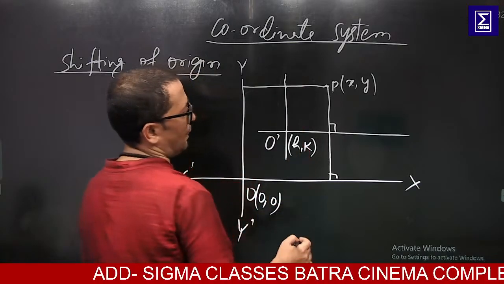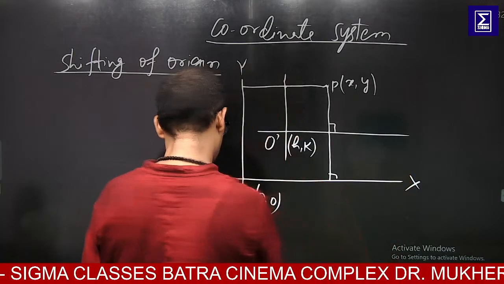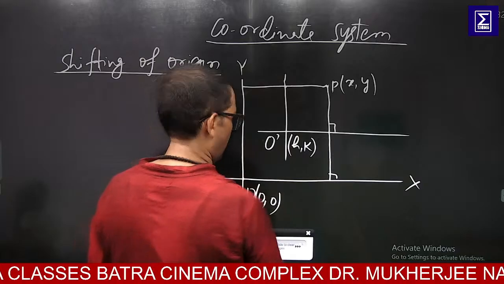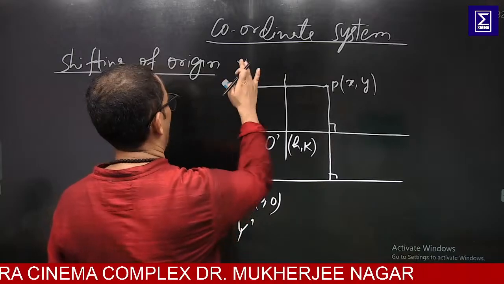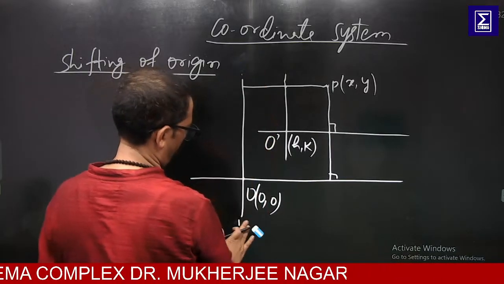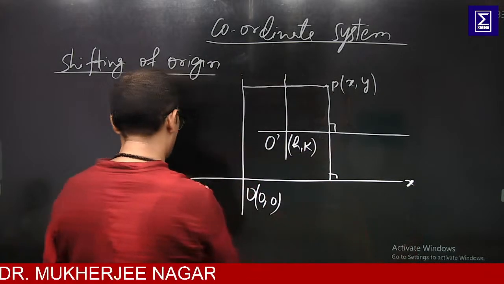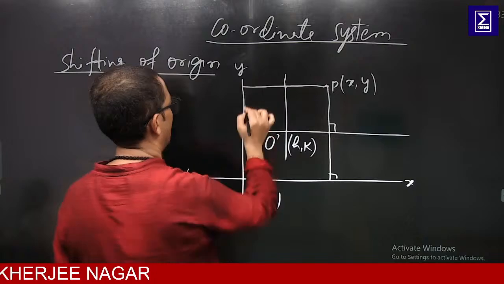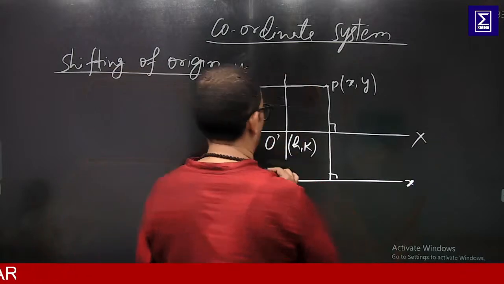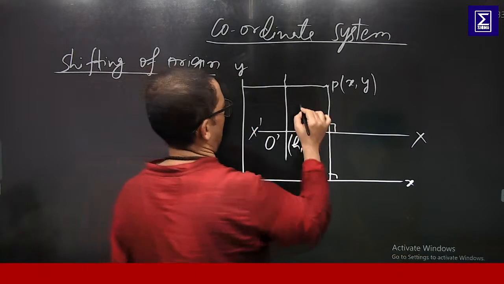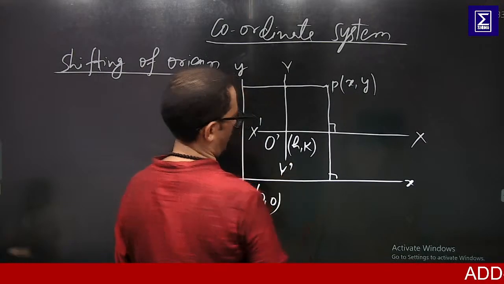So let me do this way, that this coordinate is a small x dash, this is a small y and a small y dash. This one is capital X dash, this is capital Y and capital Y dash.